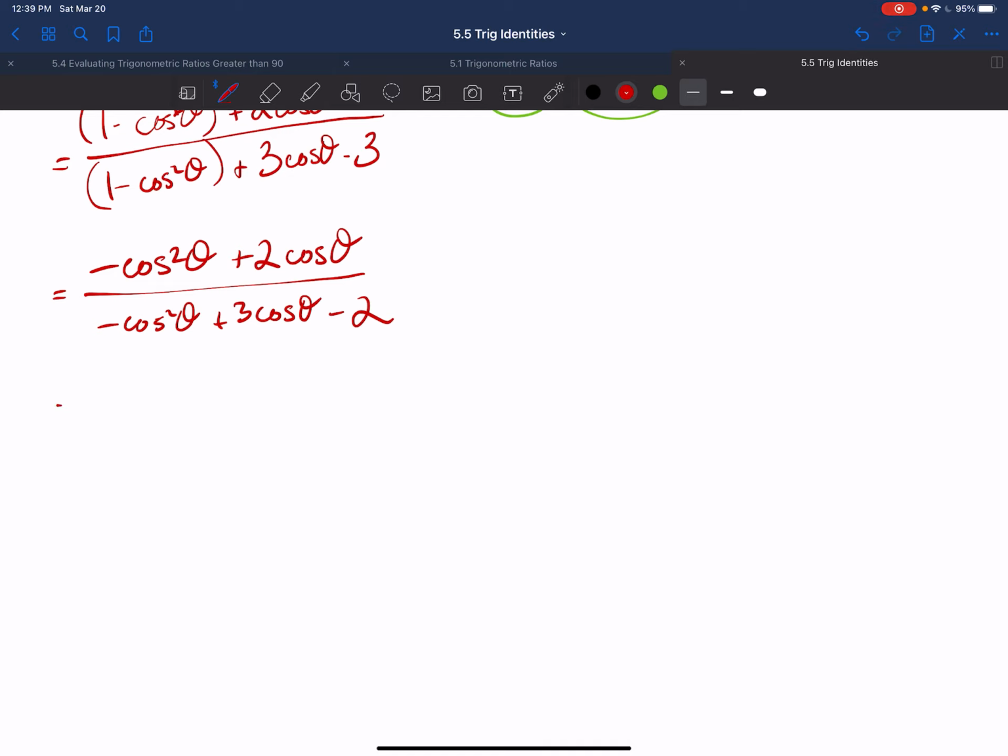You're probably going to have to do a few steps before it looks anything similar to the right side. So now I'm going to factor, because I have a quadratic on the top. On the top I have a quadratic, but there's only 2 terms, so I don't need to do trinomial factoring. So I'm going to factor out negative cos theta, because the GCF is cos theta.